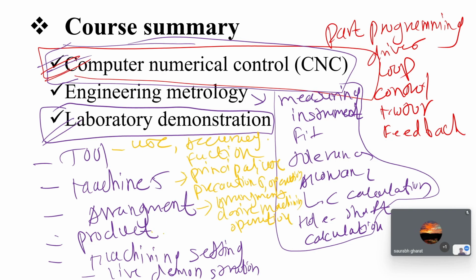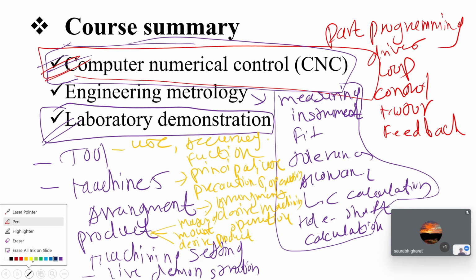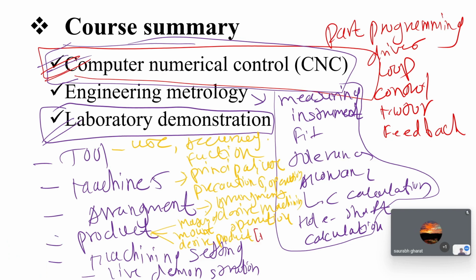Then the product: what type of product you want, what kind of material, where to mount it, and how to select everything for the product. So the desired product, and how you can manufacture it.